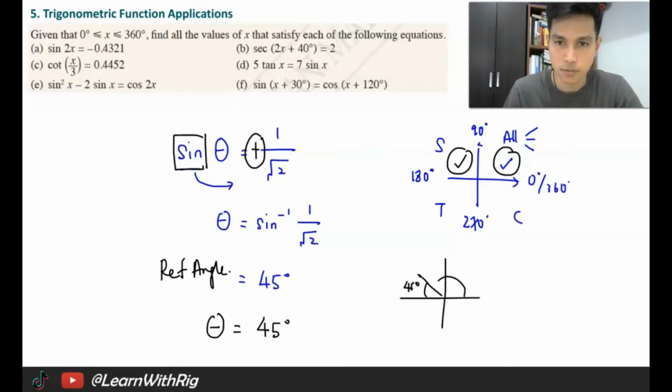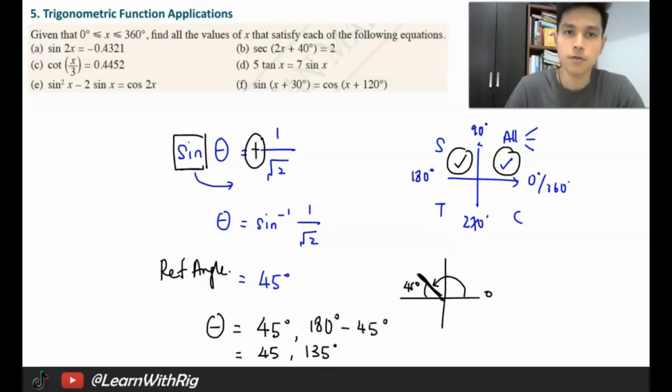From here all the way to here, from 0 all the way to this line here. So what is it going to be? It's going to be 180 minus 45. So you will have 2 answers. One is 45, one more is 135. From here all the way to here. So you got 2 answers.